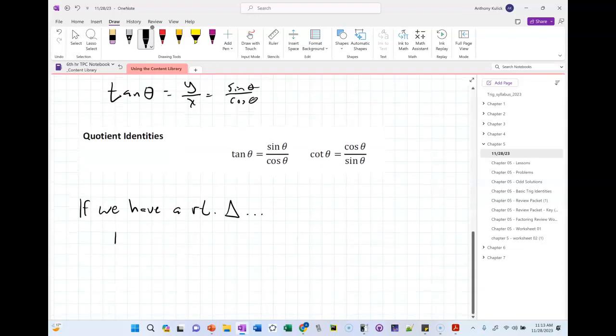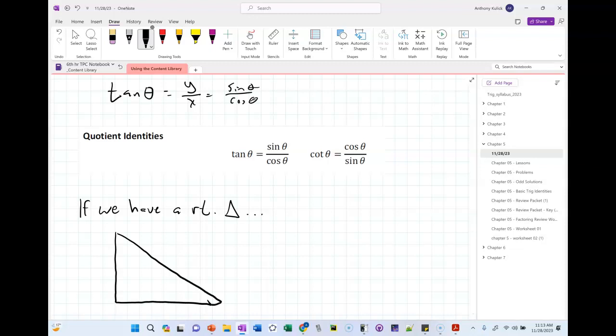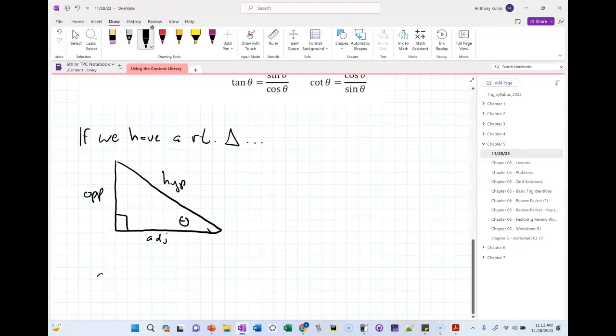Okay. The next set of identities we have is if we have some right triangle with angle theta, let's call the sides opposite, adjacent, and hypotenuse. I don't know why I wrote opposite when I said hypotenuse, it's probably because I was saying opposite when I was trying to write hypotenuse. And let's look at what we get if we do sine squared theta plus cosine squared theta.